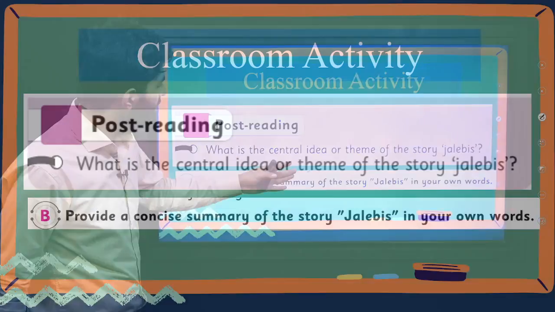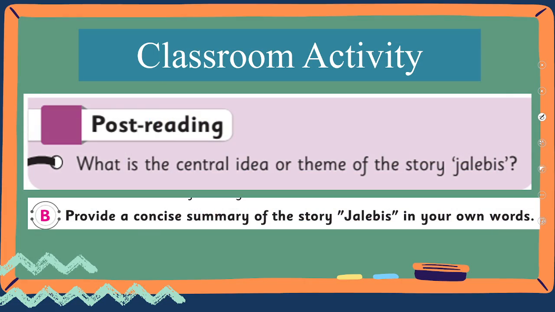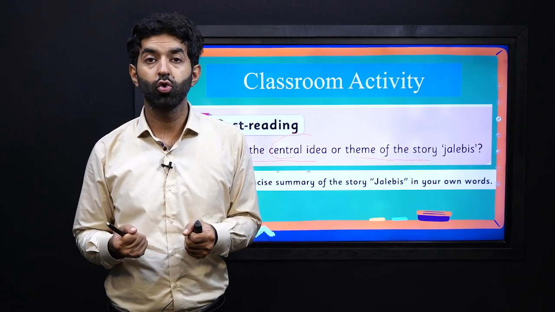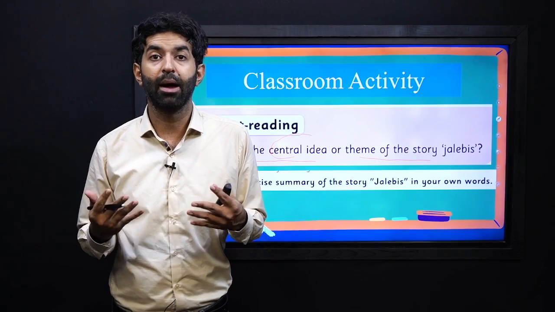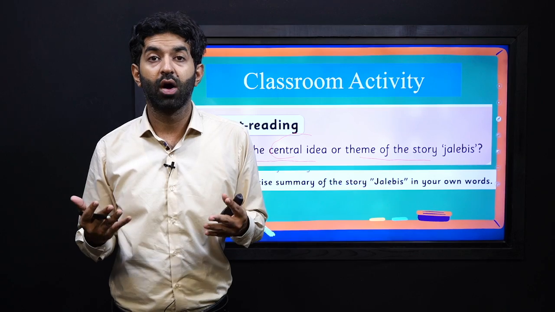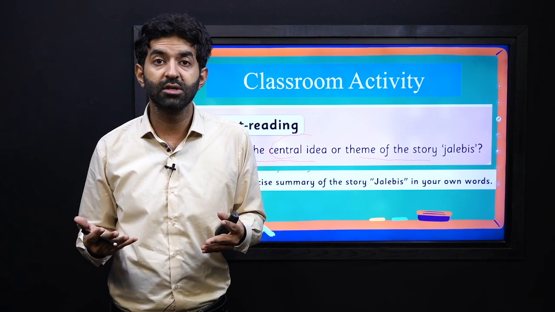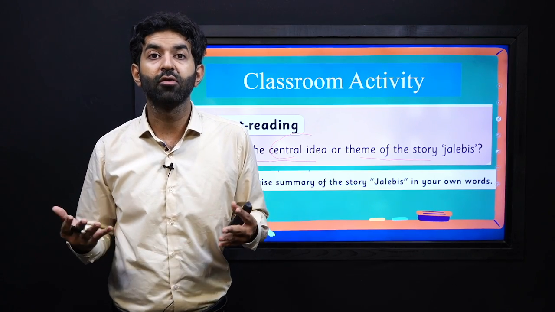So, if we talk about the post-reading question, what is the central idea or theme of the story Jalebis? It is self-control. It is confiding to your family members, telling them what happened instead of making your own choices and lying or bunking from school.